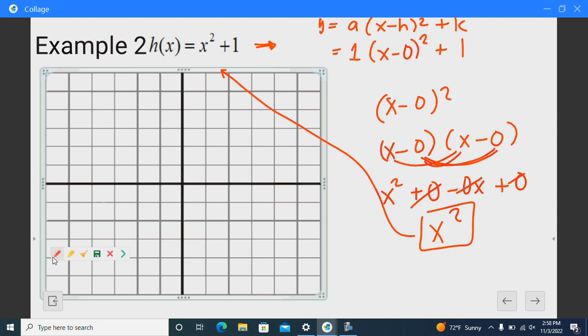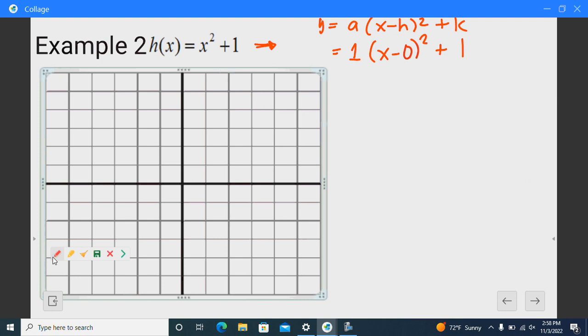Now let's continue. We have the value of our vertex now, which is 0, 1. Now, let's have the table of values.